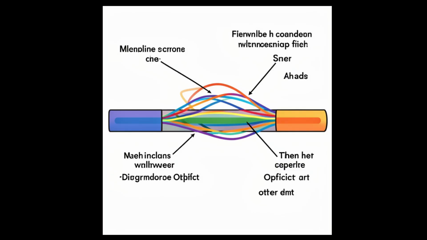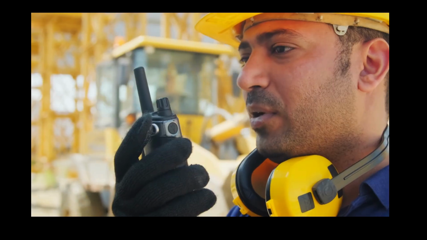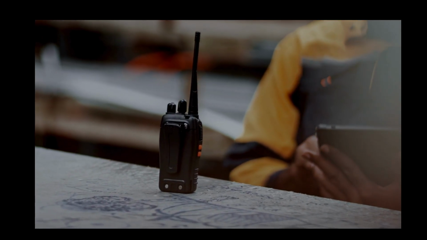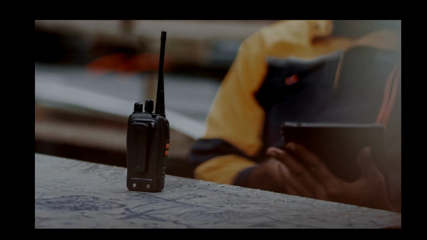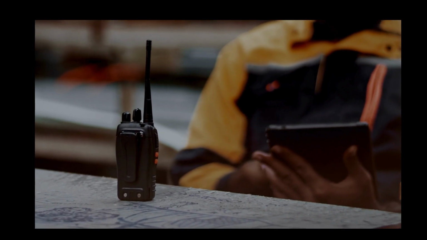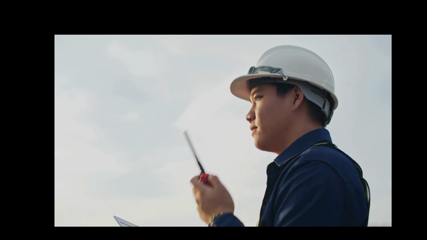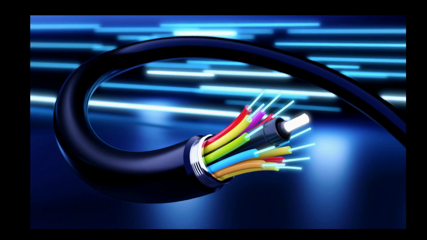But that's not all, because even within a single wavelength, you can still fit multiple users. How? Time slots. Imagine you and 10 other people all need to talk through the same walkie-talkie. You can't all talk at once, so you take turns. Person 1 talks for 1 millisecond. Person 2 talks for the next millisecond. Person 3, person 4, and so on. You cycle through so fast that it feels like everyone's talking simultaneously, but really you're just taking turns at lightning speed.